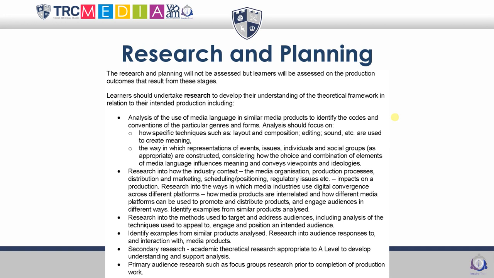You've got to consider how specific techniques are used, like layout and composition, editing, sound, etc., how they create meaning for the audience. The way in which representations of events, issues, individuals and social groups, as appropriate, are constructed, considering how the choices and combination of elements of media language influences meaning and conveys viewpoints and ideologies.